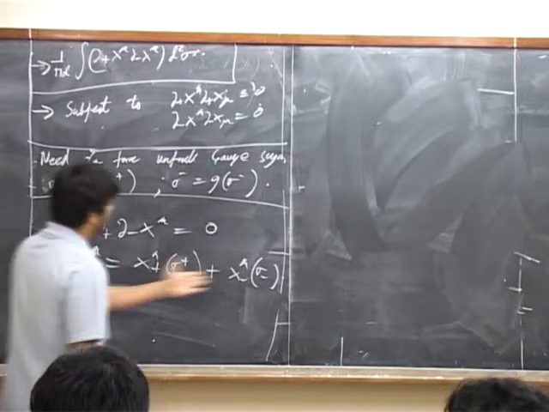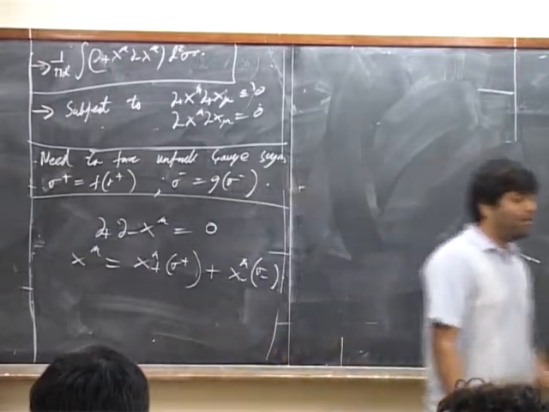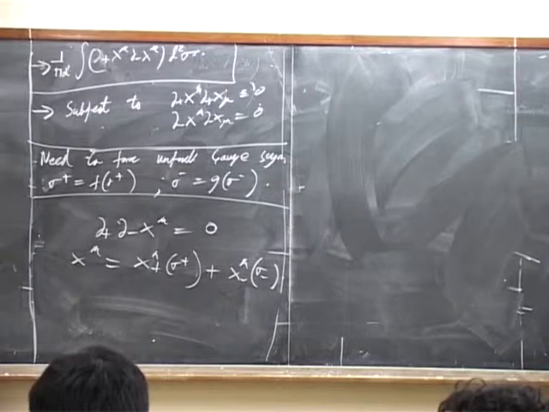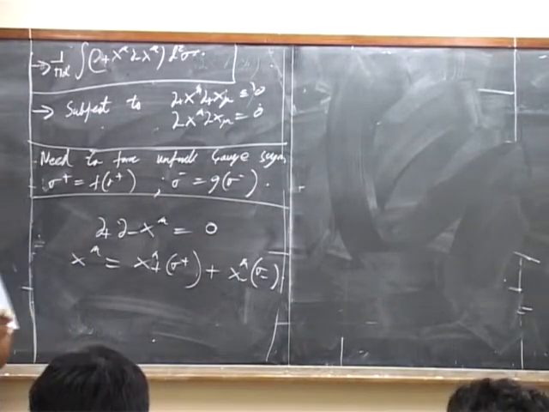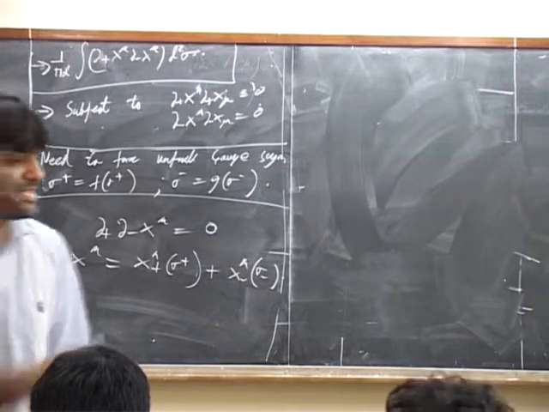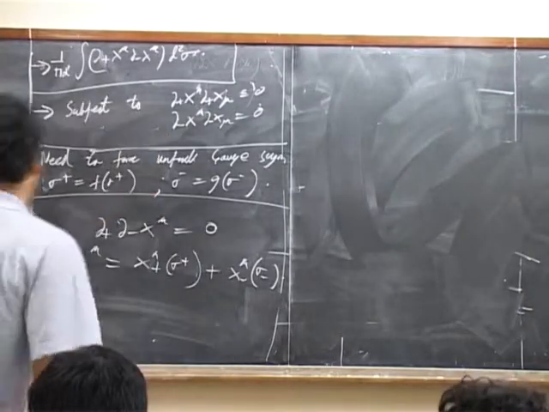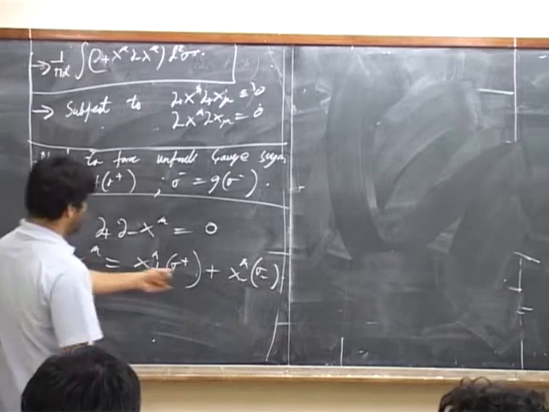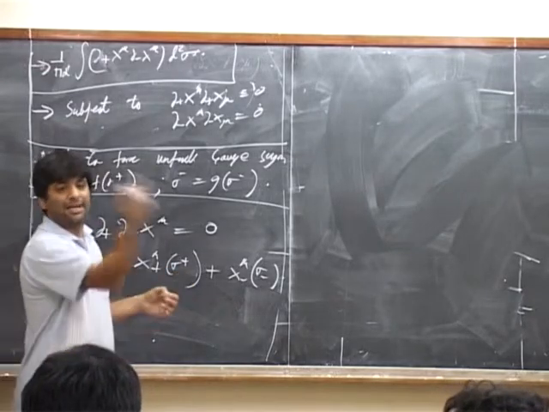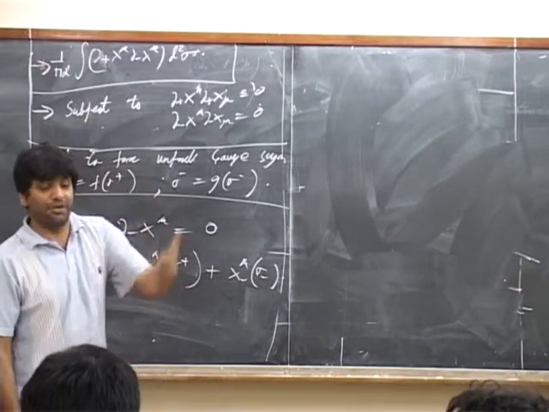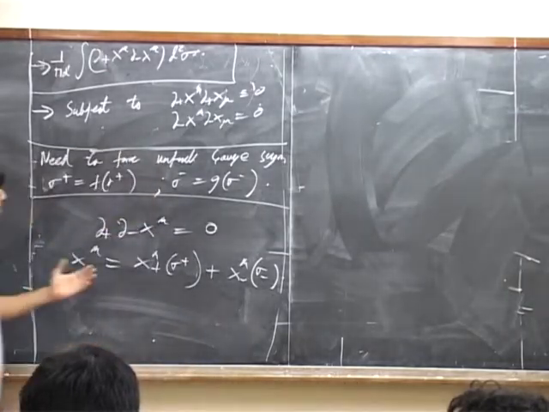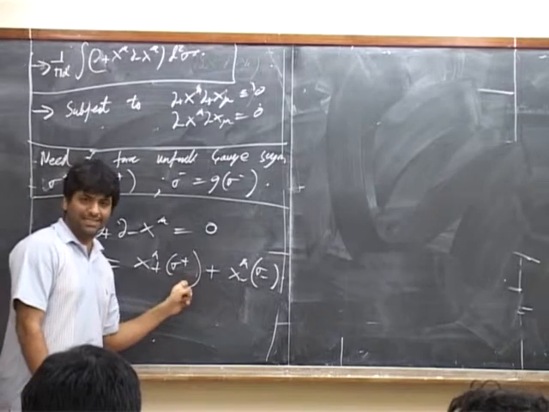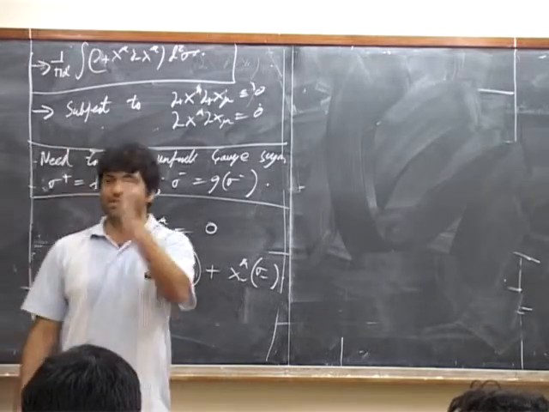Now, are these functions x plus and x minus completely arbitrary? Remember, we were dealing with a string whose sigma coordinate was periodic, between 0 and 2 pi. So it's not completely arbitrary. These functions have to be periodic in sigma plus and sigma minus, with periodicity 2 pi, which tells us that we can expand them in a Fourier series with only the correct integer frequencies.